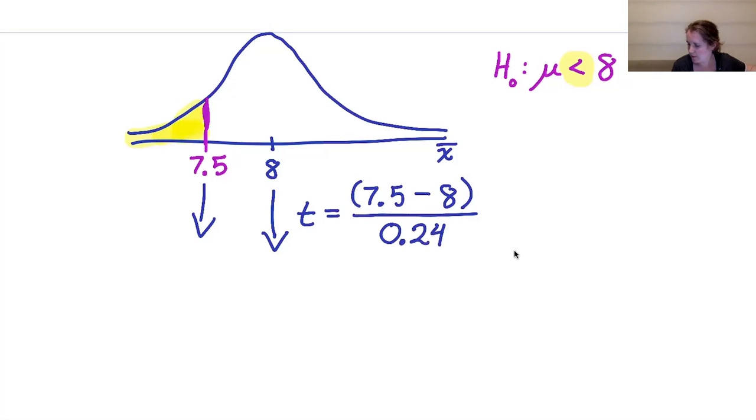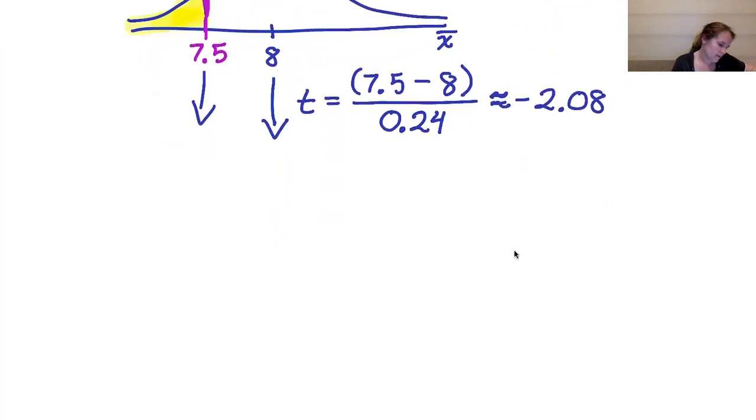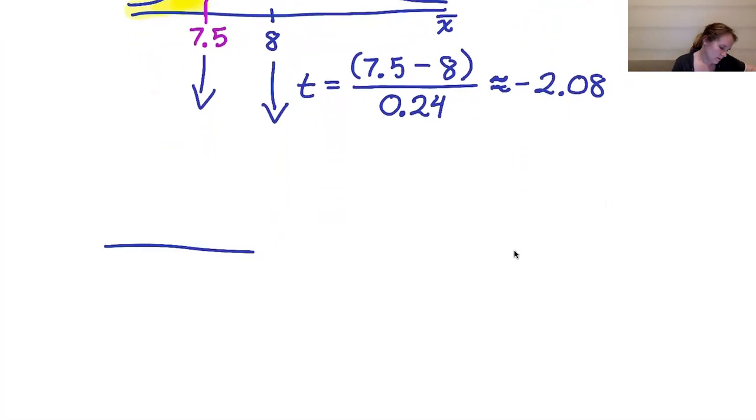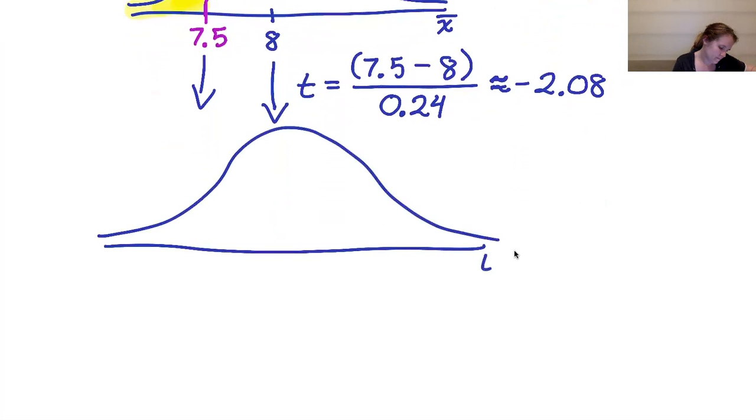And this winds up being negative 2.08 approximately. So in our t distribution, we're looking at negative 2.08, and then looking to the left.